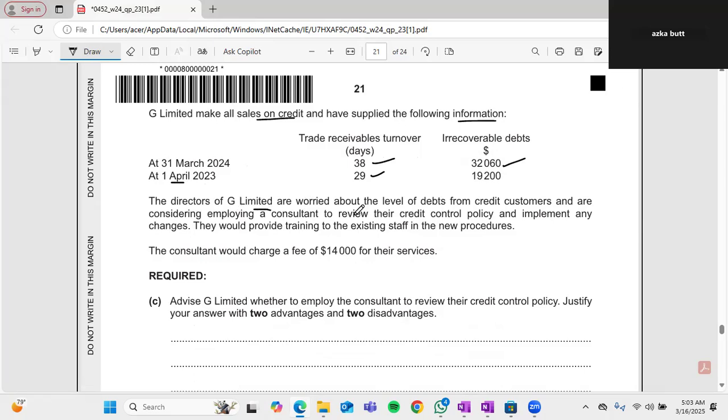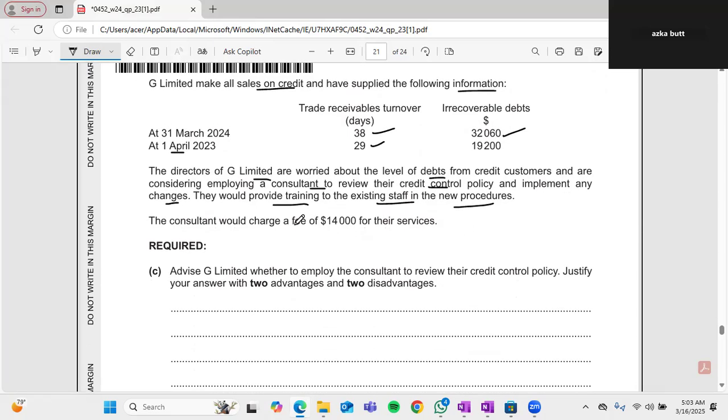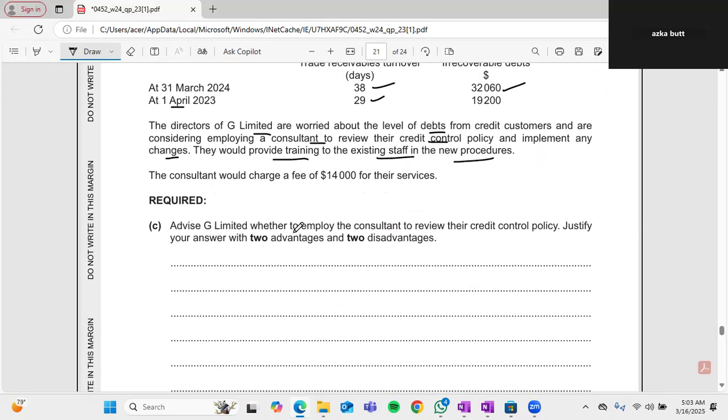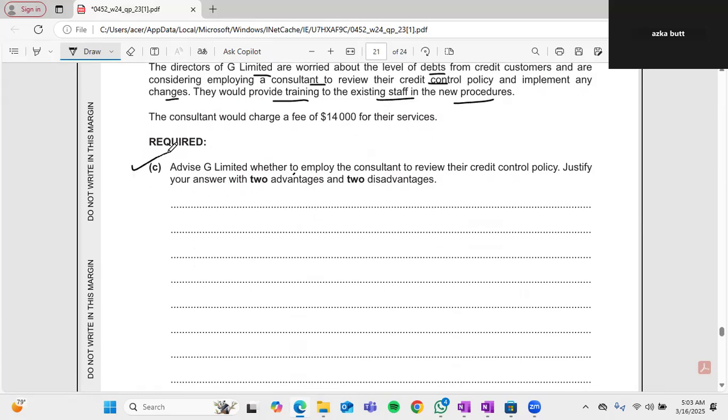Directors of G Limited are worried about the level of debts from credit customers and are considering employing a consultant to review their credit control policy and implement any changes. They would provide training to the existing staff in the new procedures, and the consultant would charge a fee of 14,000 for their service. We have to advise G Limited whether to employ the consultant to review their credit control policy. Justify your answer with 2 advantages and 2 disadvantages.